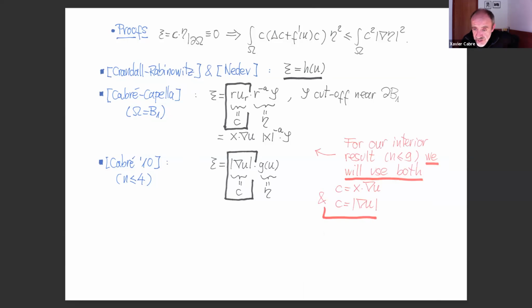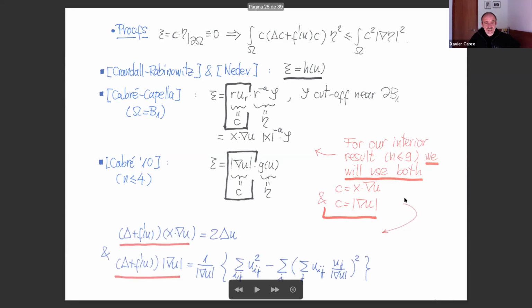Now, in the paper that I'm describing, with Alessio, Joaquim, and Xavier, what we do is that we use both of them. And the most important one, which will give the algebra that gives you dimension 10 or 9, is this one, x grad u, right?